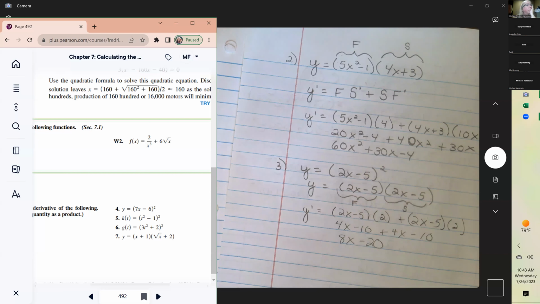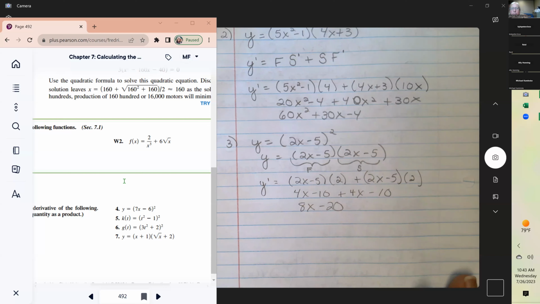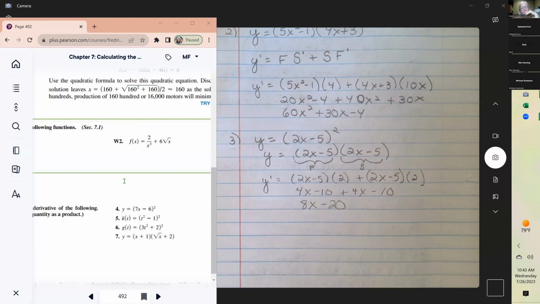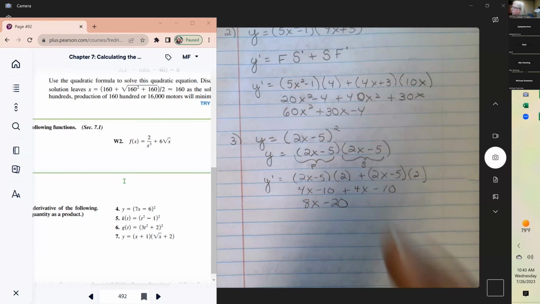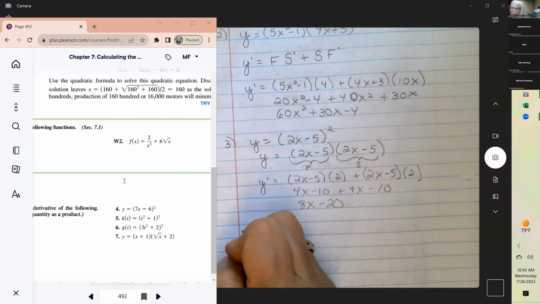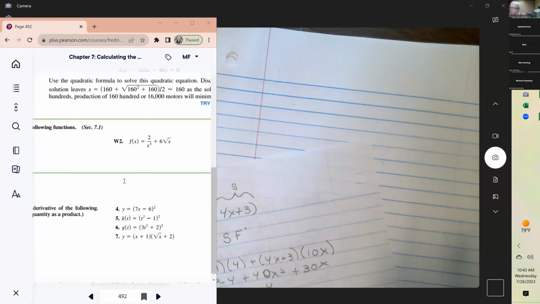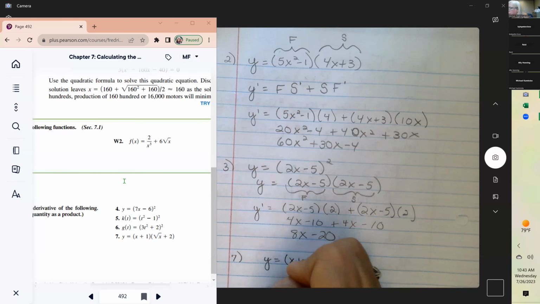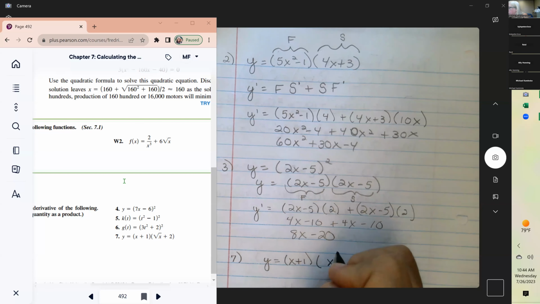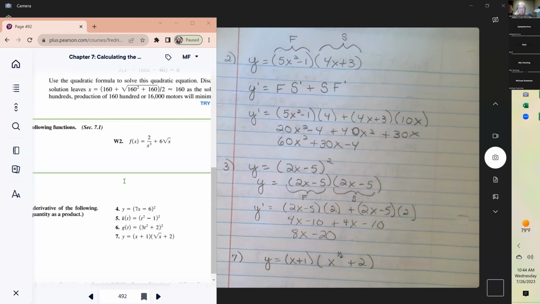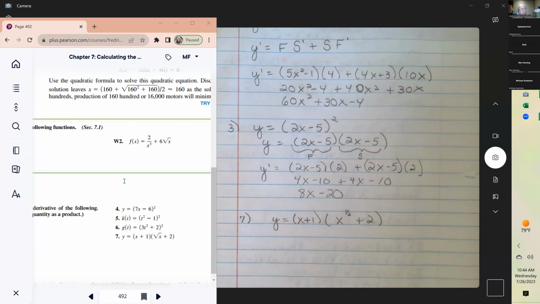Go ahead and try number 7. Oh, notice there's a square root and we don't have a derivative for a square root. We have to rewrite it as an exponent.